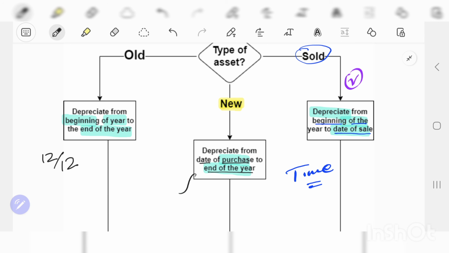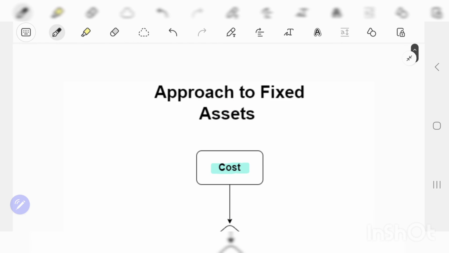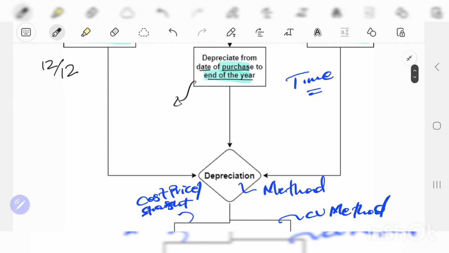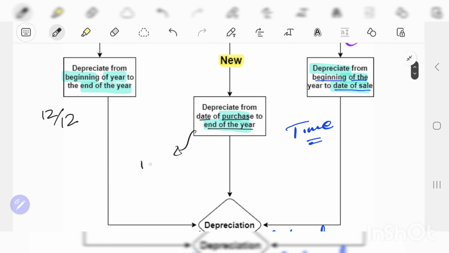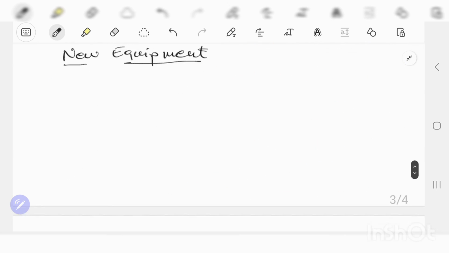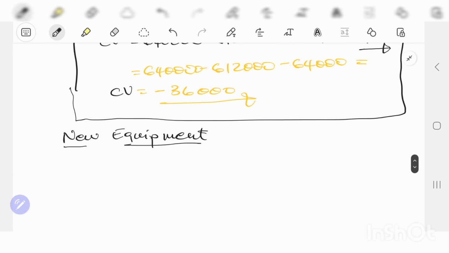So in this instance, we are going to depreciate from 1 October to 28 February 2022. So let's work this out and then we are done.